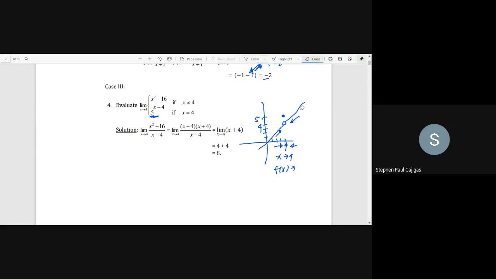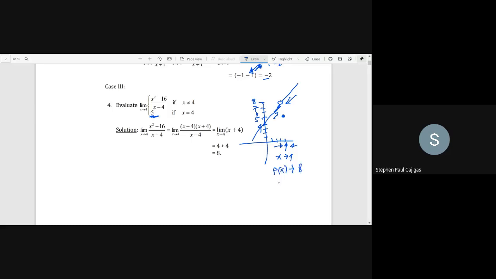Let me erase this first, sorry. The x-intercept is here, 4. Somewhere here. 6, 7, 8. So here is the hole, 8. Something like that. So as our x is approaching 4, our f of x is approaching 8.